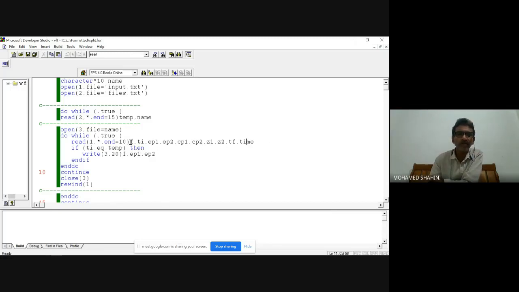And we know that sometimes the pattern would be different. So you have to look into the program and see if the pattern is different, like if instead of EP1, you may have Z1, Z2. So if you collected data from someone else, they may have a different sequence of data.